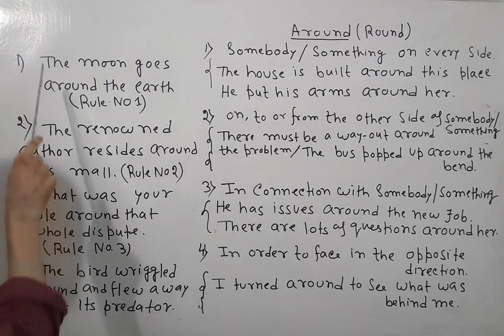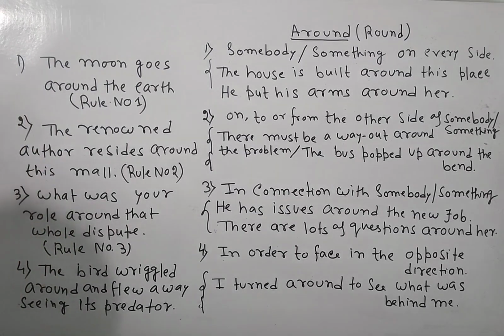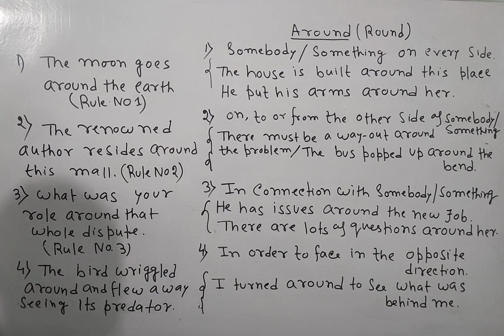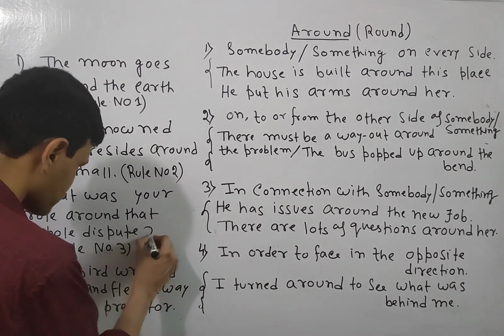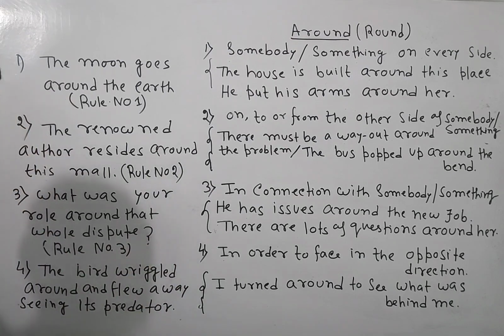Now the next example: what was your role around that whole dispute? Here you have to write one thing, there must be some question. What was your role around that whole dispute?